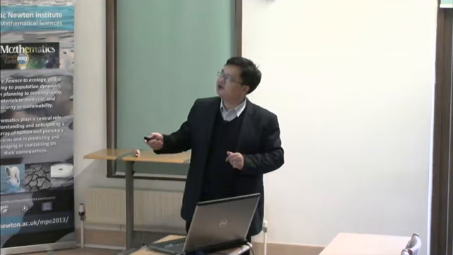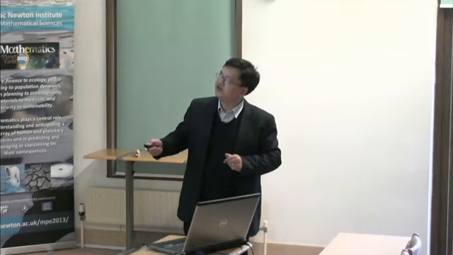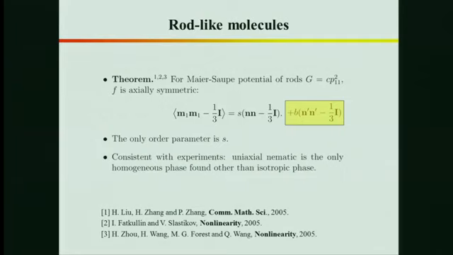The uniaxial phase is the only homogeneous phase found under the isotropic phase. If you say there is only one parameter, we have to prove B is 0. So now the three groups proved that B is equal to 0 for the Maier-Saupe potential.